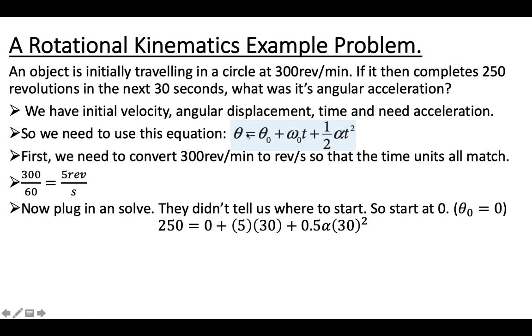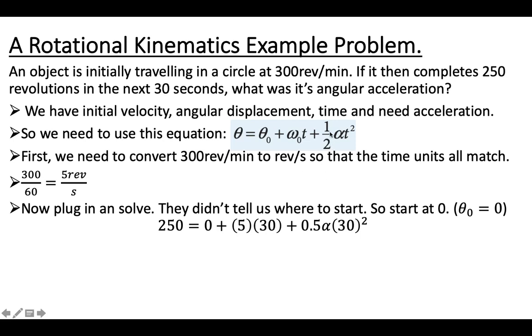That goes in the theta spot because that's our angular displacement. That's how many times we went around the circle. So that 250 goes right there. We started out by going 5 revolutions per second. This is our starting speed, so there it goes. And then t, our time, is 30 seconds, so that goes in the t spot.